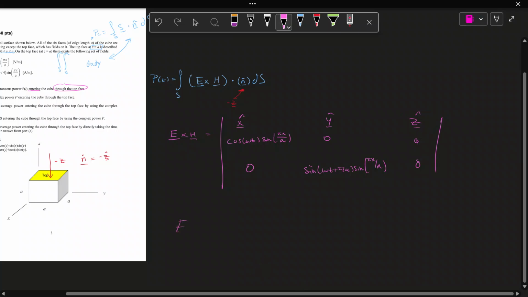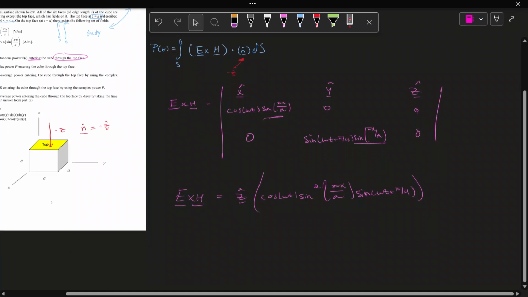So we'll say E cross H in the time domain again is equal to Z hat cosine omega t sine, and we're doing two sines, so let's just make it right away. Sine pi x over a squared, of course, and sine omega t plus pi over 4.